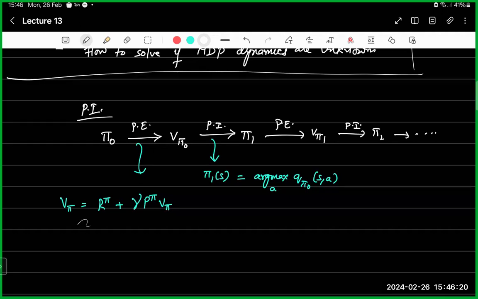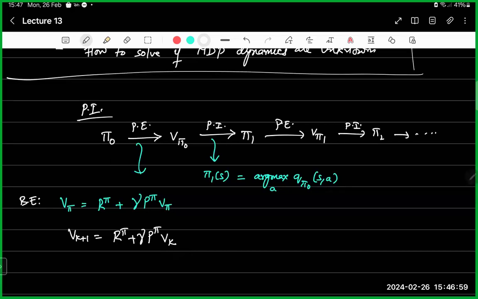This is the Bellman expectation equation. We'll just recursively, starting with some arbitrary V naught, apply this equation till Vk plus 1 becomes equal to Vk or very close to Vk. Okay.